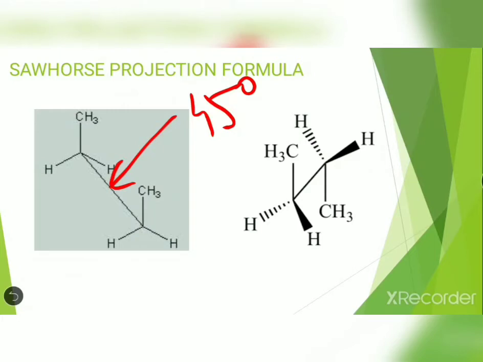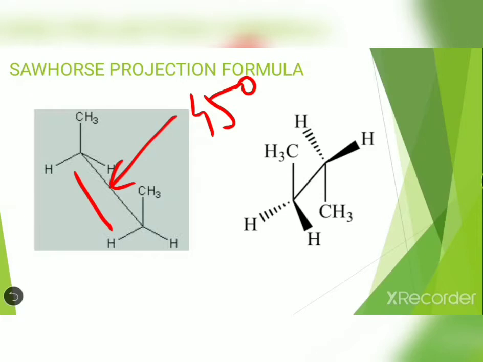The Sawhorse formula can be used to draw the conformation of the molecule. Thus, the rotation about a single bond can be easily explained. In this formula, the carbon-carbon bond is clearly visible. Hence, it is useful in representing the stereochemical reaction.